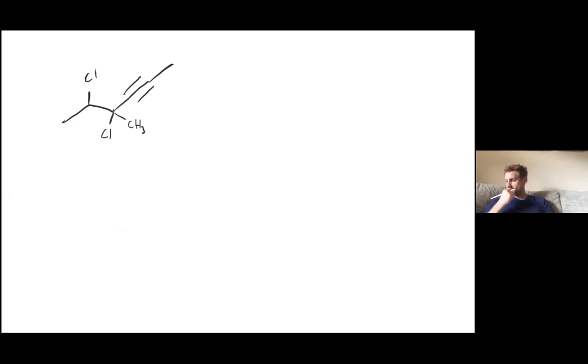The way that our priority naming is going to work for an alkyne is that we're always going to go through the alkyne with the lowest number we can. So for this structure here, there's 2 different possible longest chains. You can either go right to left, 1, 2, 3, 4, 5, 6, or left to right, 1, 2, 3, 4, 5, 6 here. Because our alkyne starts on 2 versus 5, the right to left is going to be favored in this case.